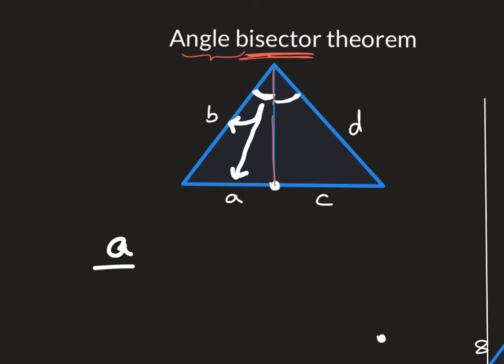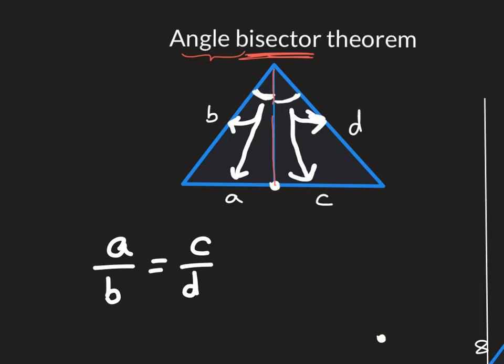Adjacent is kind of a fancy way to say next to. So the opposite A divided by the adjacent B is equal to the opposite on the other side, so C, divided by the adjacent D.